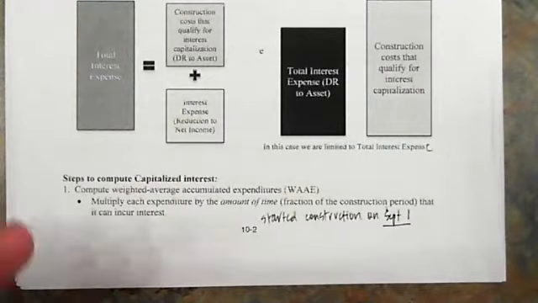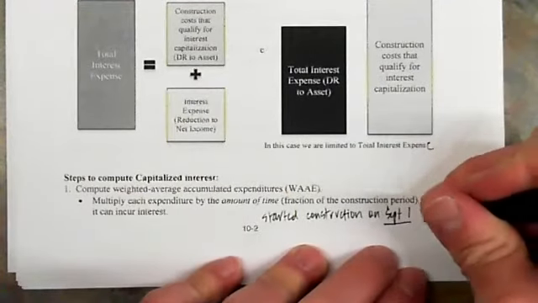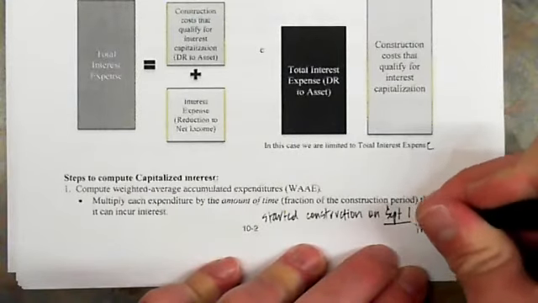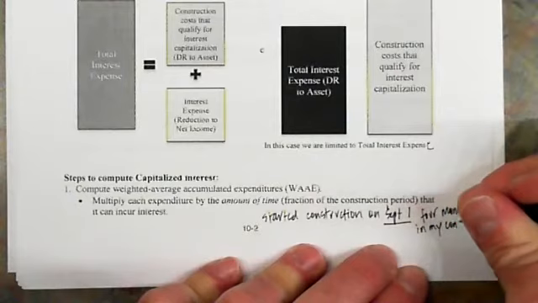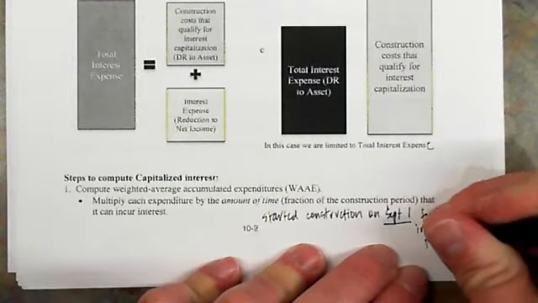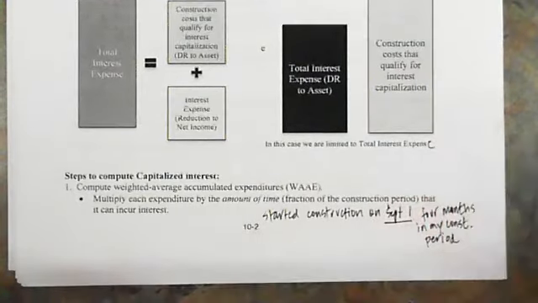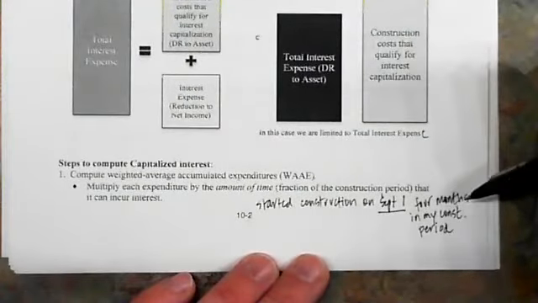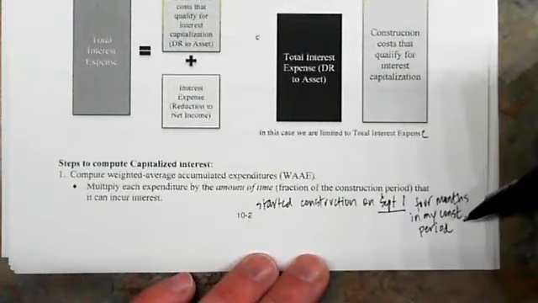So I have 4 months in my construction period. And I say 4 months, I'm typically going to assume a December 31st fiscal year end. So that means that, from the time I broke ground to the time that I'm reporting, there are 4 months. So this 4 months would be the total amount of time an expenditure could accumulate interest.